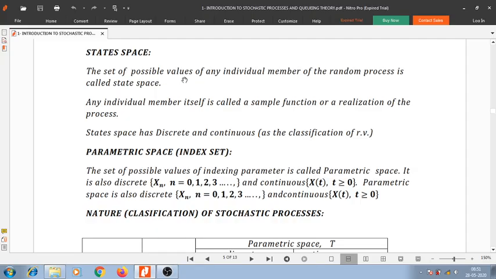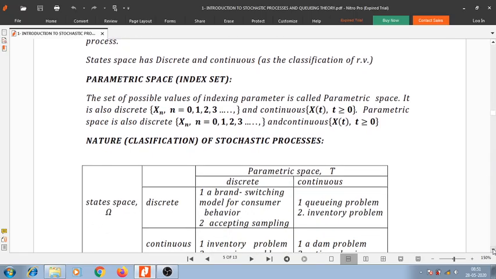It is the set of possible values of any individual member of a random process, that is, the set of all possible values of the random process. What about the parametric space? The parametric space is the set of possible values of the indexing parameter.